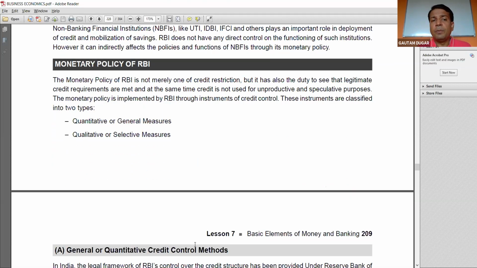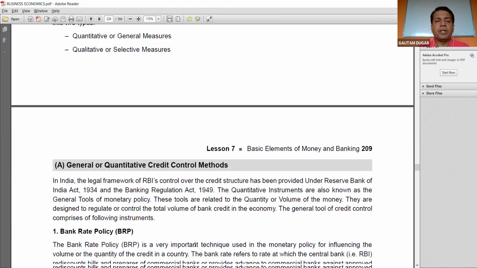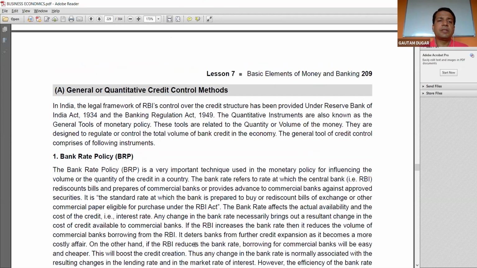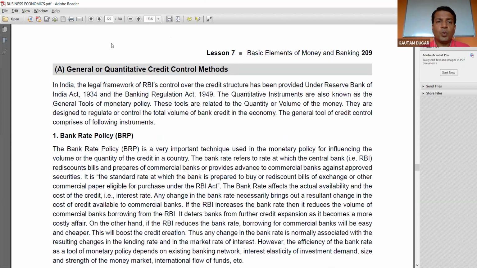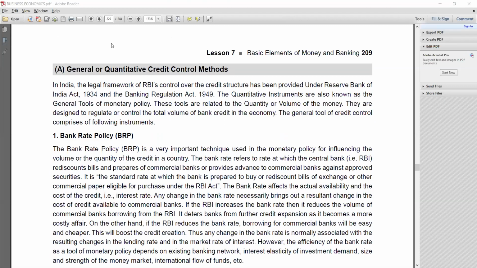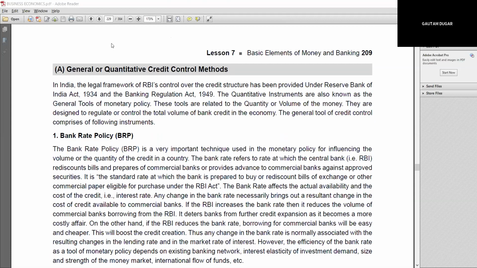Credit control measures. There are two types of measures. One is quantitative and the other one is a qualitative measure. Quantitative measures, we need to discuss what they are. Quantitative measures, or the general measures, are those measures through which the flow of credit in the entire economy can be controlled.